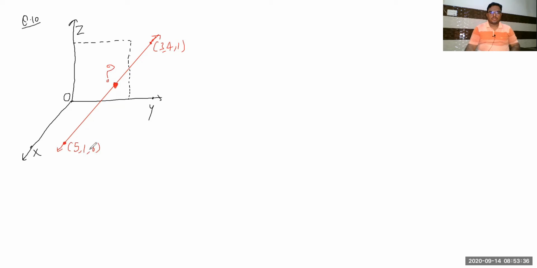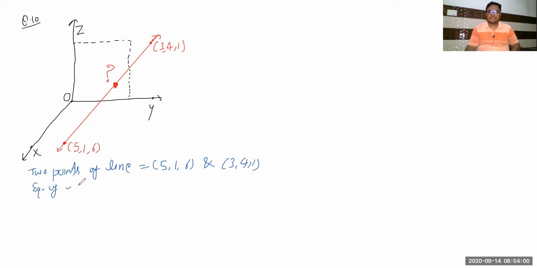Now see the solution. So you have 2 points of the line. So what are the 2 points of the line? 2 points of line are 5, 1, 6 and 3, 4, 1. So with the help of these 2 points, we can make the equation of this line.